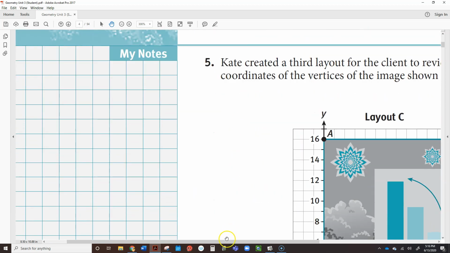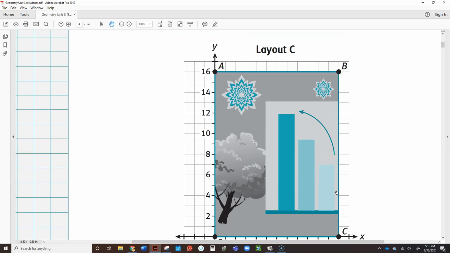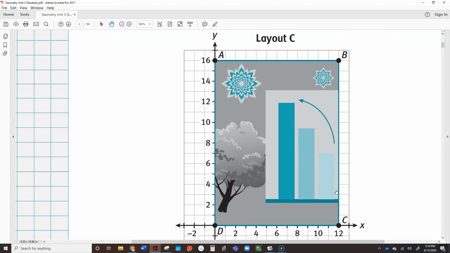Okay, so the next one, we move over here, and we look at layout C. And they want us to write the coordinates down. Well, the coordinates here are 0, 16, and the coordinates here are 12, 16, and the coordinates here are 12, 0, and here we're at 0, 0 again.